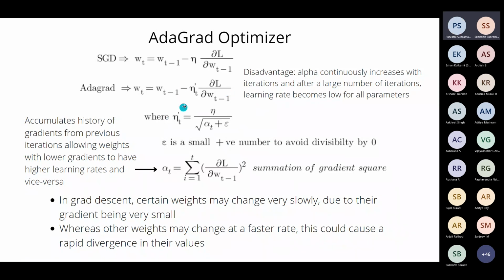So the overall learning rate, if you take the average over all the weights, will decrease, but it would still be satisfying its original function, which is to balance the relative values of the learning rate between weights having large gradients and small gradients. So that problem is solved, but it introduces a new problem of getting very small learning rates after a large number of iterations. The other optimizers that you will be seeing work on solving this problem.